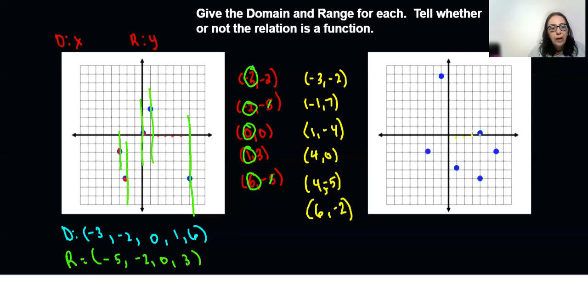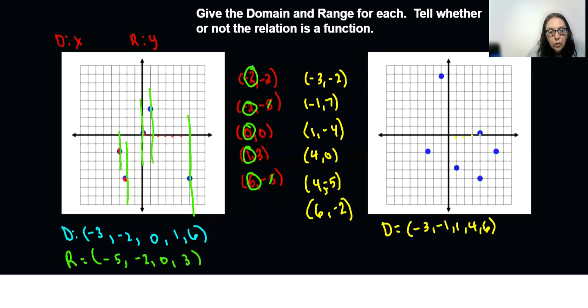So our domain, again, the domain are your x values, and we have to list them because the graph jumps all over. We're not including all the numbers in between. So the smallest x is -3, then we've got -1, 1, 4, and 6. And you can see there's 2 4s here, but I only list it one time.